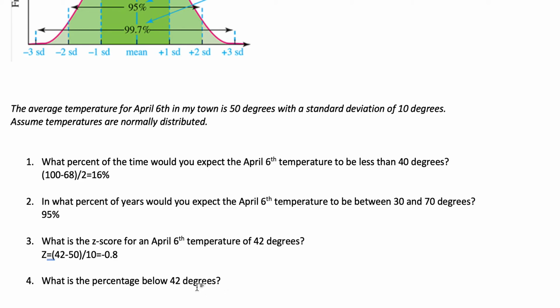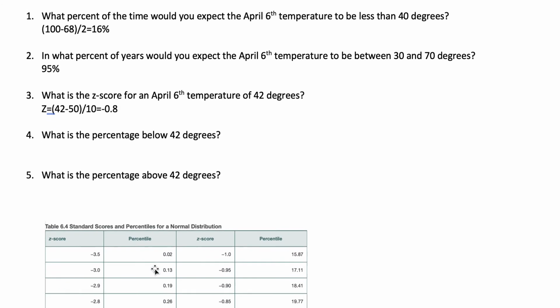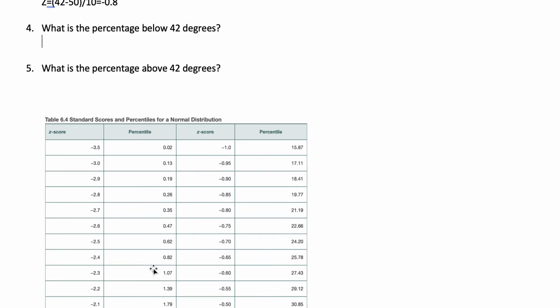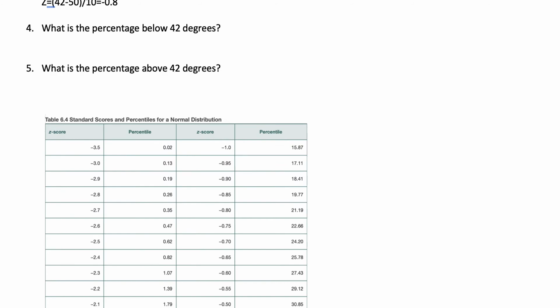So for 42 degrees, the z-score is -0.8. And if you go in your book, there is a table that has the z-scores and the percentiles. So I'm going to look up -0.8.